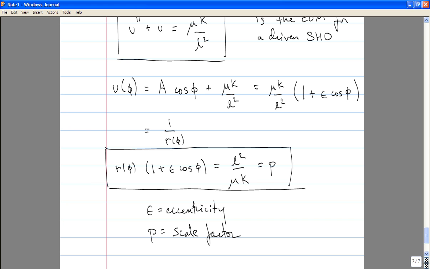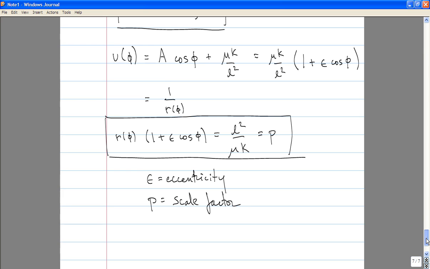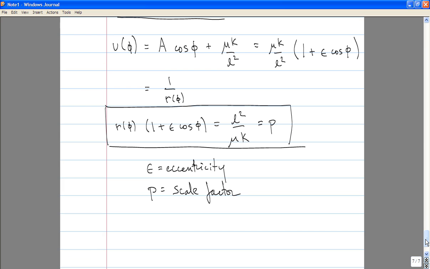Before I do so, are there any questions? So let me write this in a form which looks a little more familiar. So r, or let's write it this way.